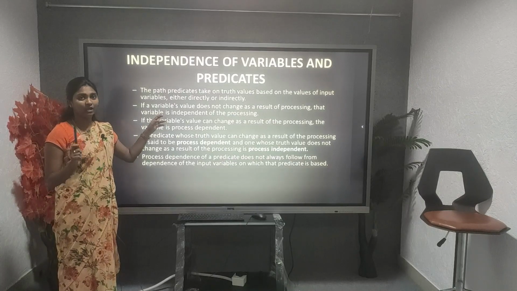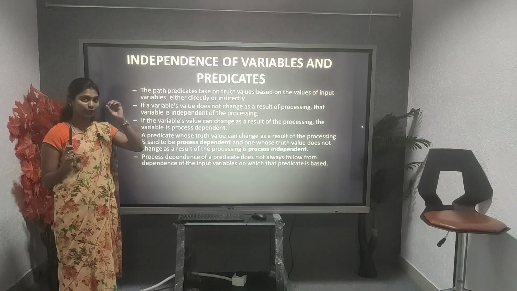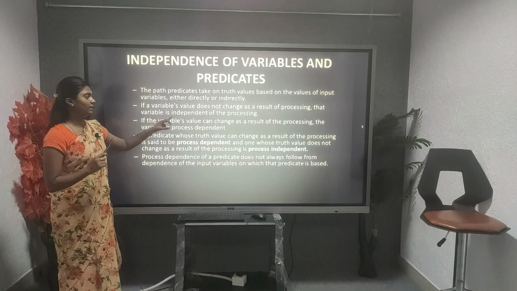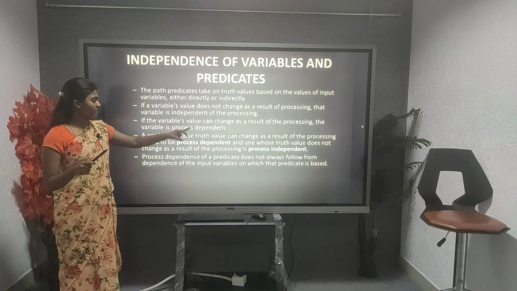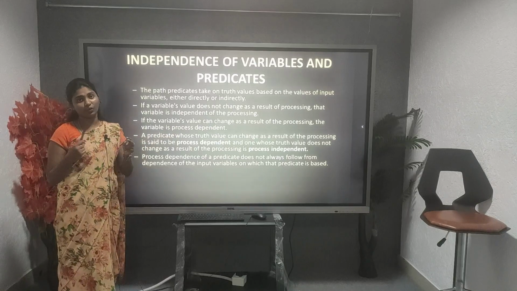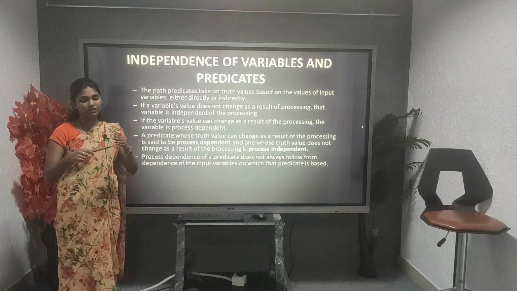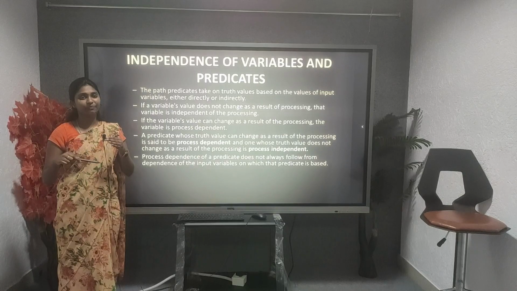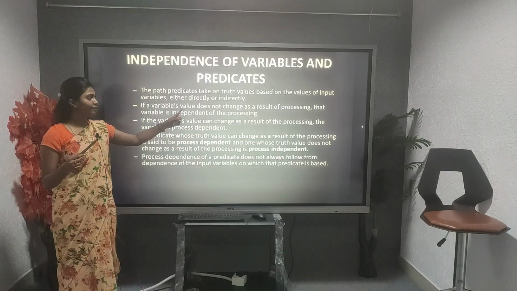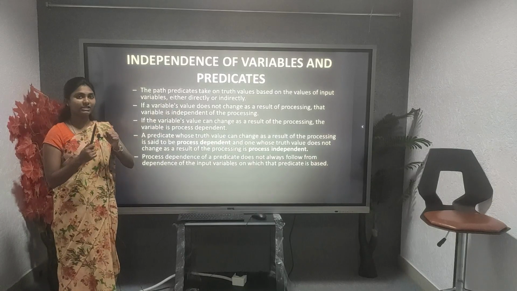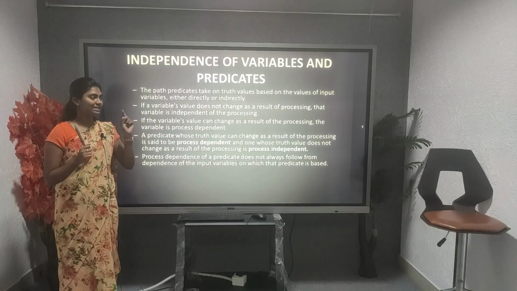If the variable does not change, if it is unique and constant, then it is an independent variable. If the variable is changing one by one, sequentially, then it is a dependent variable.